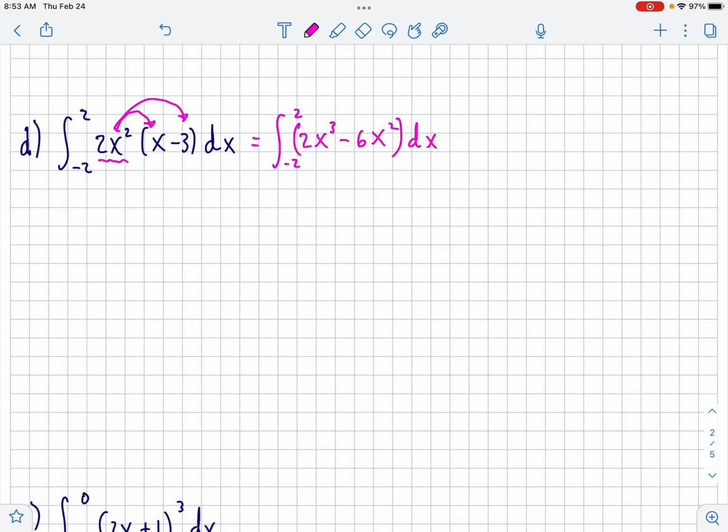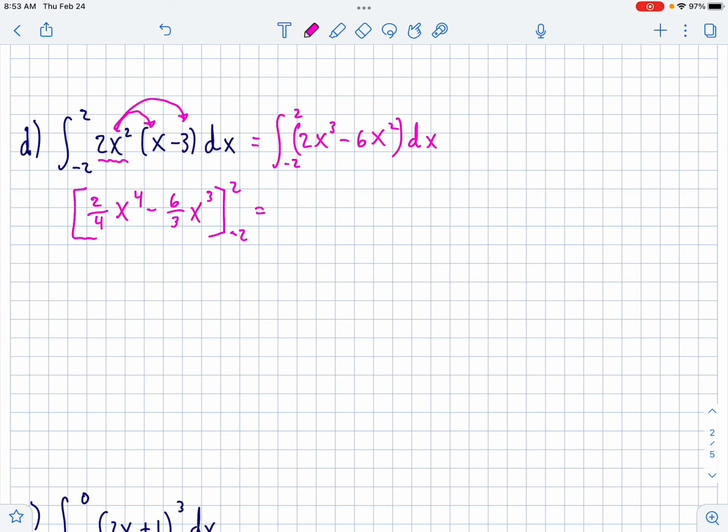Now I can certainly take the antiderivative of this. 3 plus 1 is 4, so this will be 2 over 4 times x to the fourth. And then 2 plus 1 is 3, so we get minus 6 over 3 x to the third. And we're going from negative 2 to positive 2.